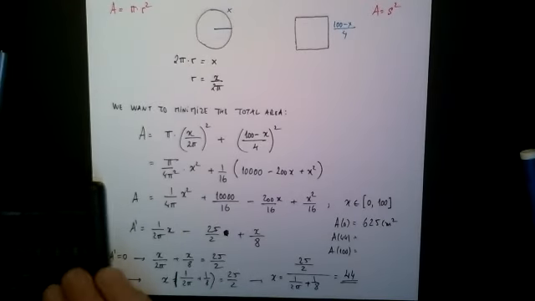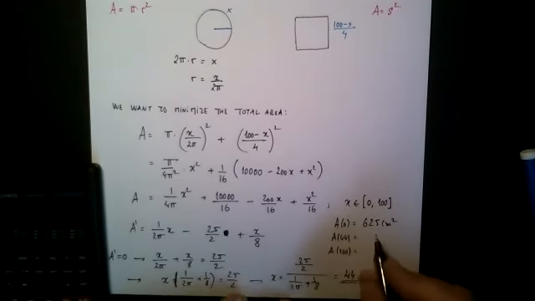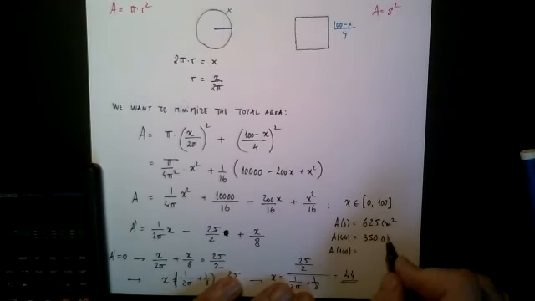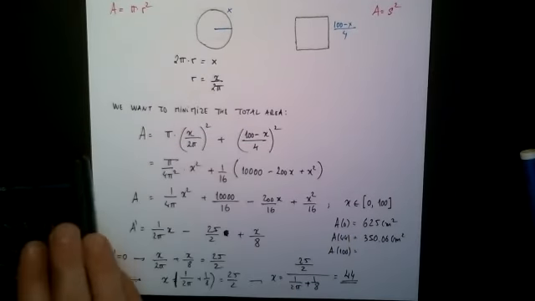At 44, so 44 divided by 2 divided by pi, squared, times pi, plus 56 over 4 squared, 350. Okay, about 350.06 centimeters squared, and at 100, this one vanishes.